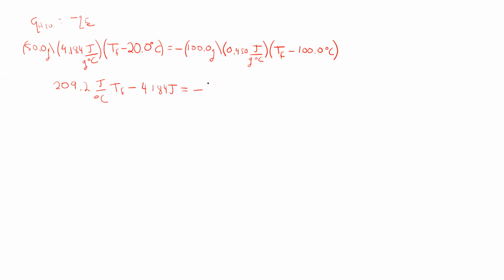So negative 45.0 joules per degree Celsius plus 4,500 joules.